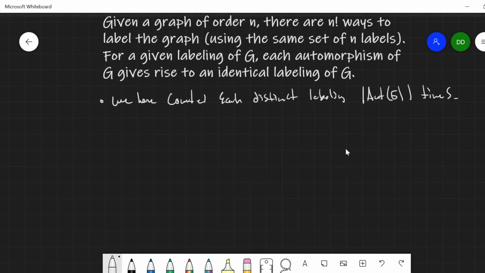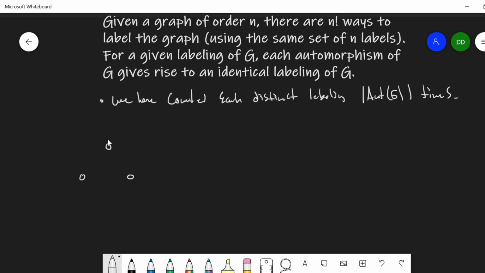So maybe an example will help understand that. So here I'm going to use P3 again. So here's U, V, and W. I'll set up our adjacencies here. U adjacent to V, adjacent to W. So there's one labeling. So there are 6 labelings of this, right? Just a priori, there are 6 labelings of this.